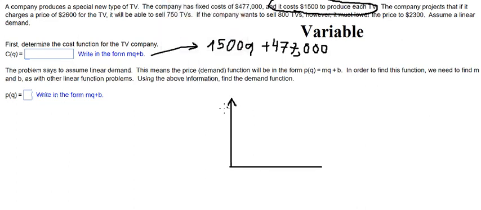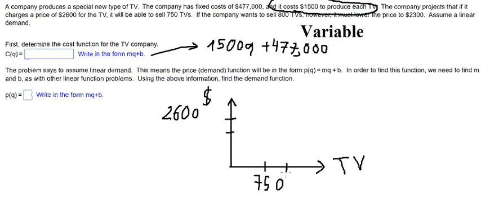So this axis is the US dollars. This one is TV. Now, at the price of 2,600, we sell only 750 TVs in here. Now, with the price of 2,300, we can sell 800 in here.